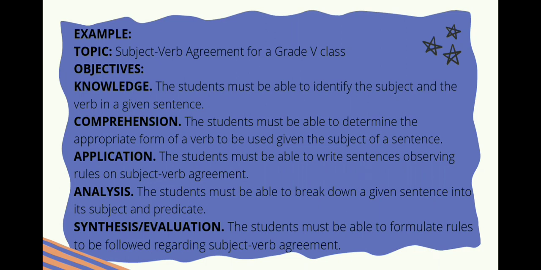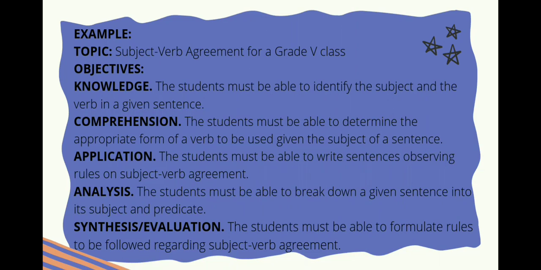As you can see, we have here the 6 levels of learning of the hierarchy of educational objectives, namely knowledge, comprehension, application, analysis, synthesis, and evaluation. The first stage, which is the knowledge, the students must be able to identify the subject and the verb in a given sentence.